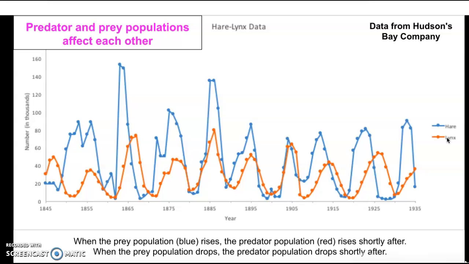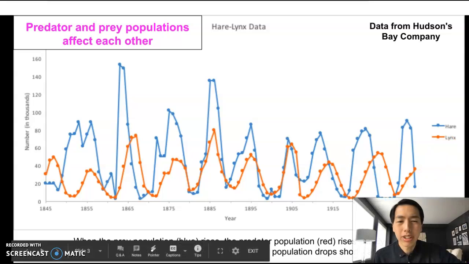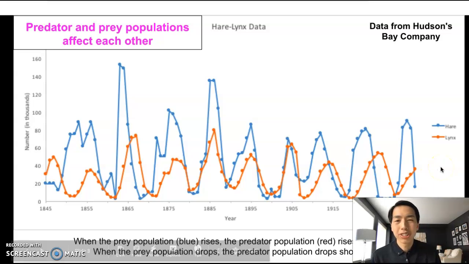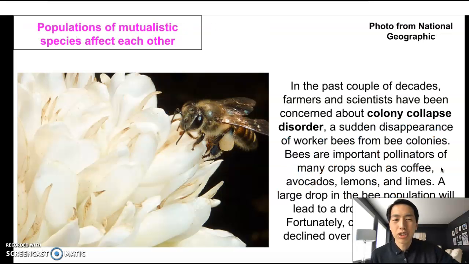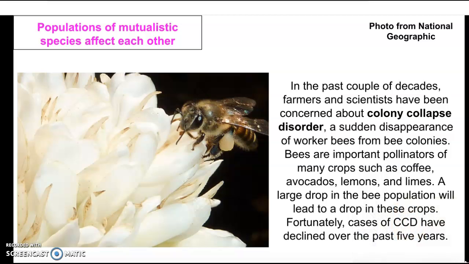So this is showing you that the population of one species is closely tied to the population of another species. They always try to have this sort of a balance. And that's the word that we'll talk about a bit later, equilibrium.